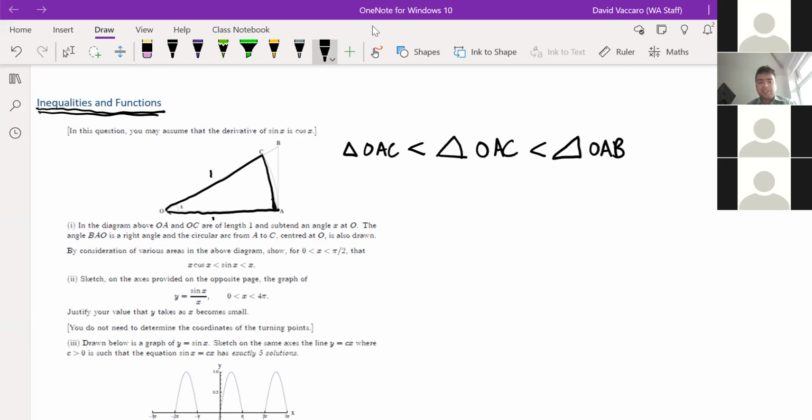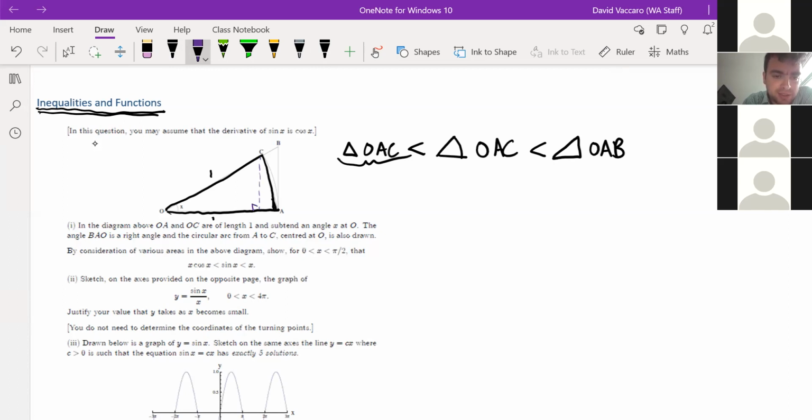So put it into the chat. I will do one area at a time. What's the area of the triangle OAC? The formula for the area of a triangle is half base times height.